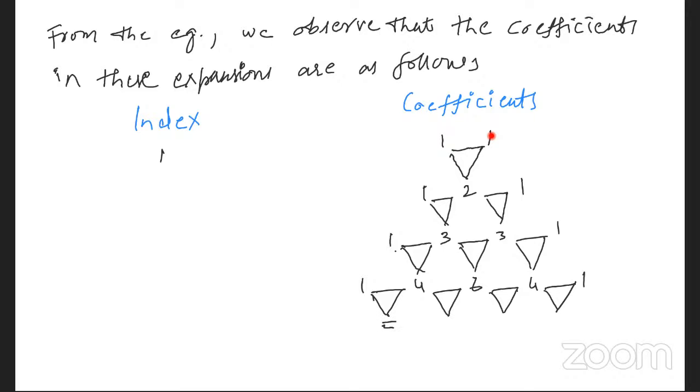We have 5, 10, 10, 5 and 1 on each side, and so on. Let us see the index of this one. First it is for the index 1, and then index 2, index 3, and then 4, and then 5, and so on.